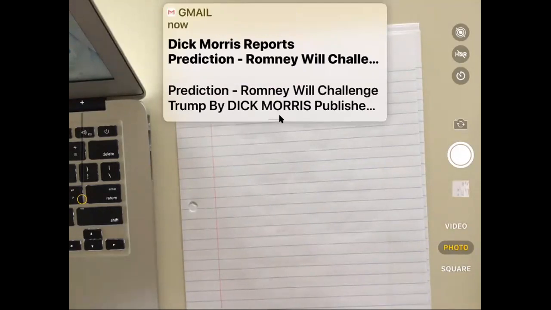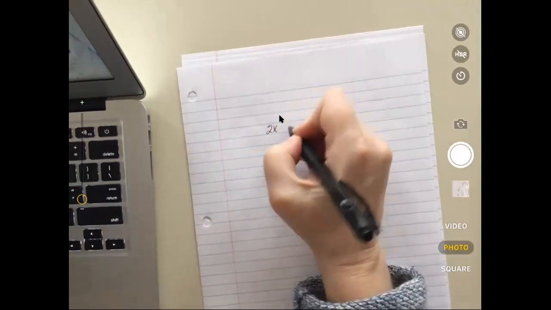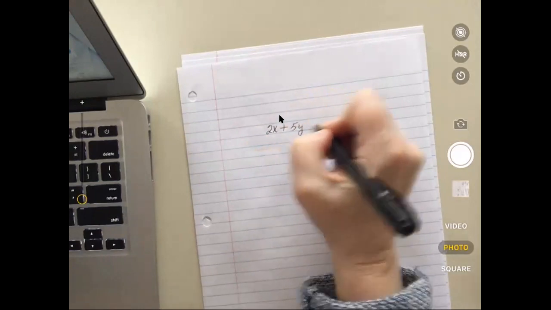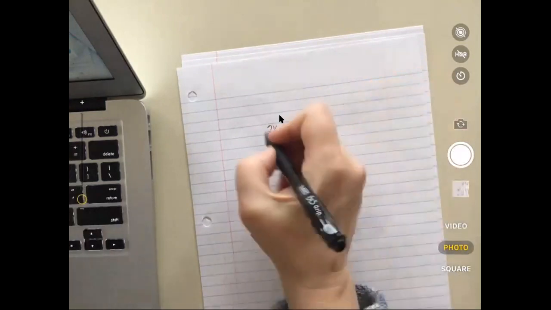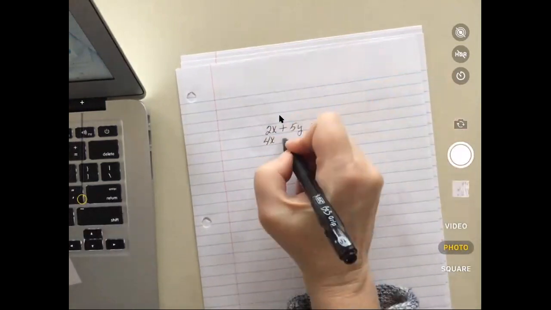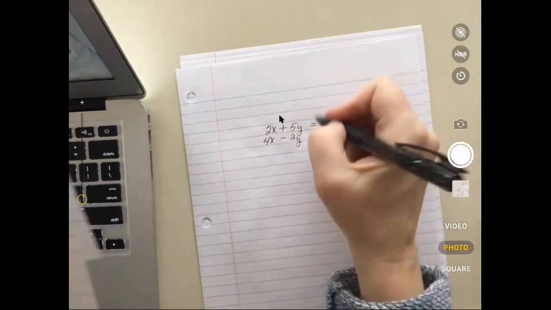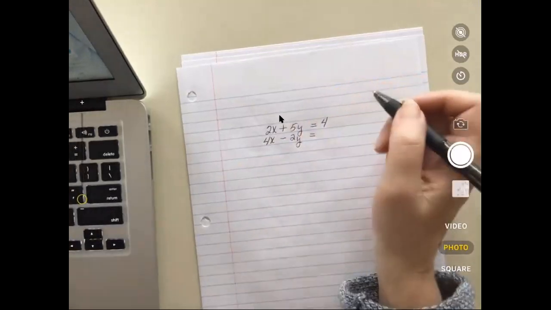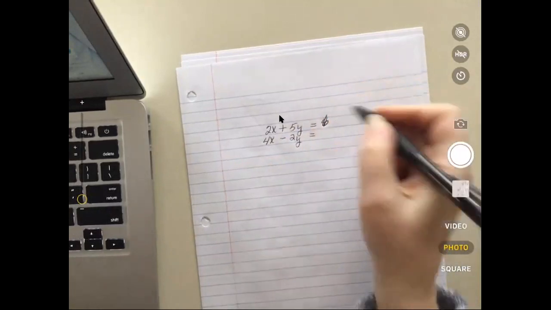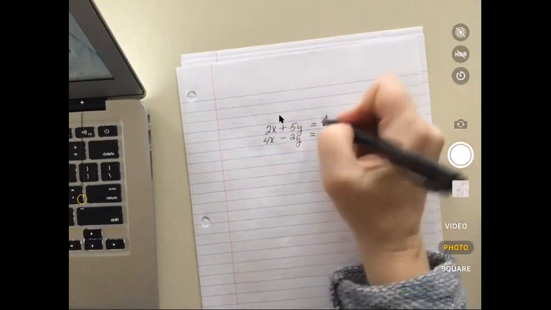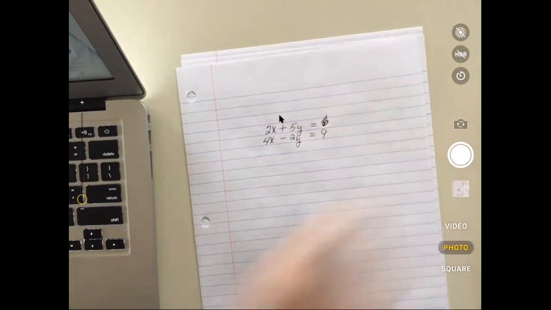Okay, I think I wrote a problem that'll work. So if I have this system of equations, 2x plus 5y equals 4, and this equation, 4x minus 2y equals, oh wait, I don't know if this is going to work. Let me change this to a 6. Equals, dang, I don't know if I'm going to get it to work at all. 9. I'm not sure. We'll see.